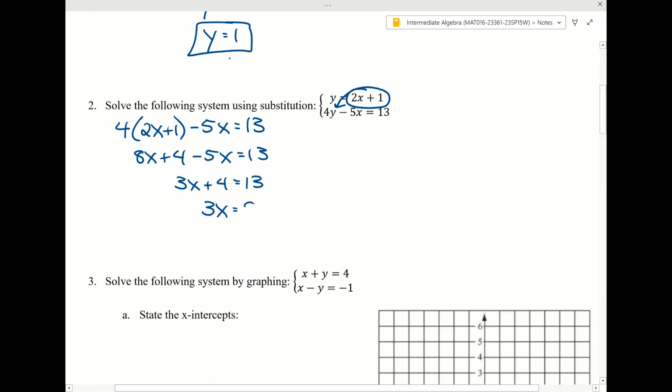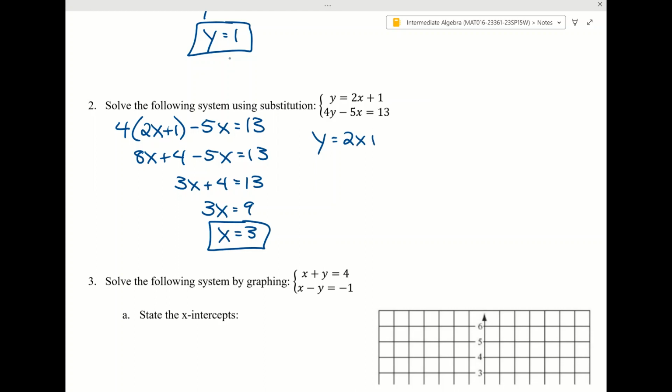So 3x would be 9, or x is 3. If x is 3, we can plug it back into one of the originals and get y is equal to 6 plus 1, or 7. That's how you do a problem using substitution.